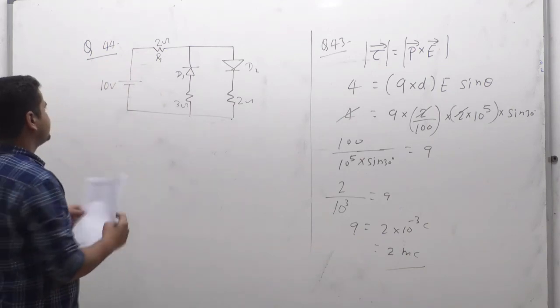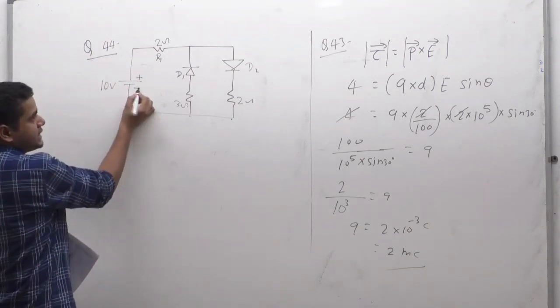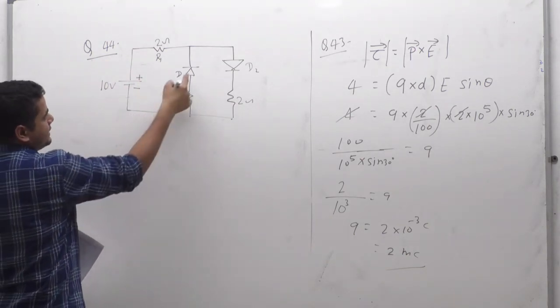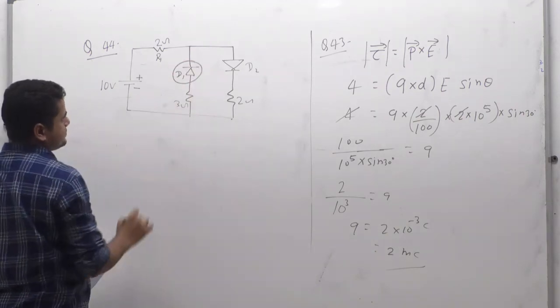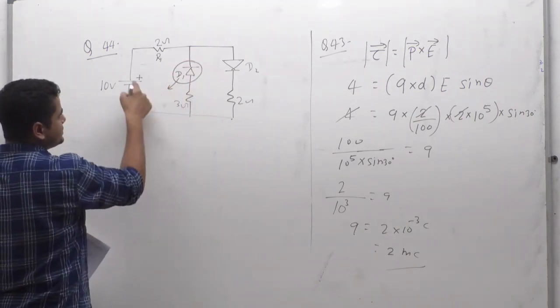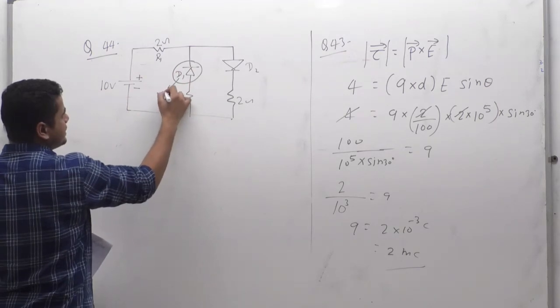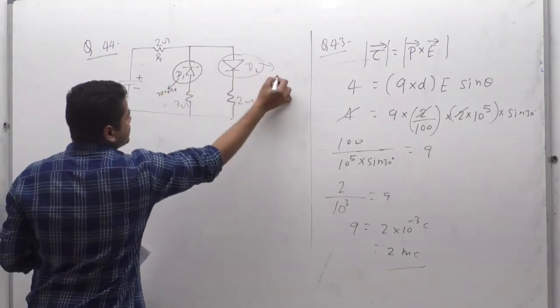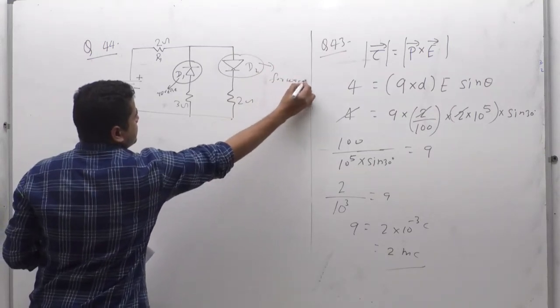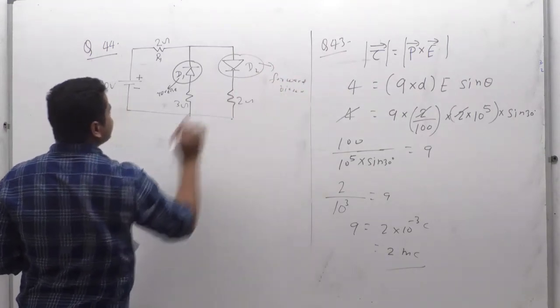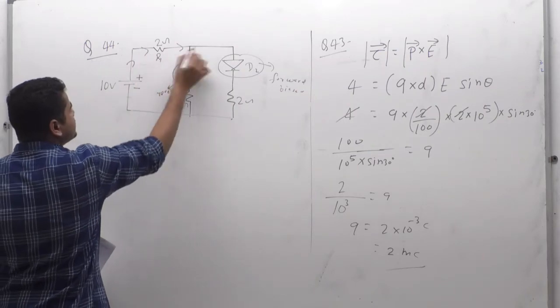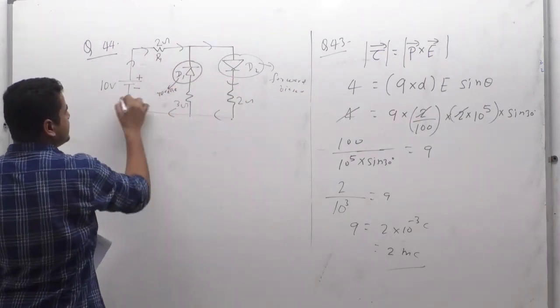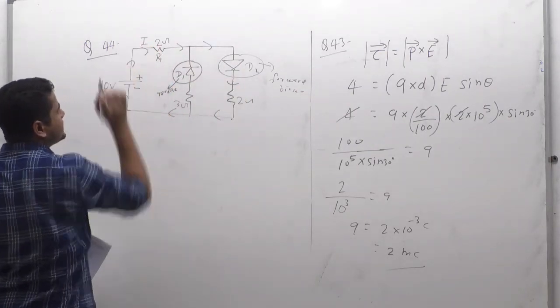See, this is the positive terminal, this is the negative terminal. Diode 1 is basically reverse biased because positive is connected to the negative terminal, and this one is forward biased. So current will flow this way, and we have to find the current through this.